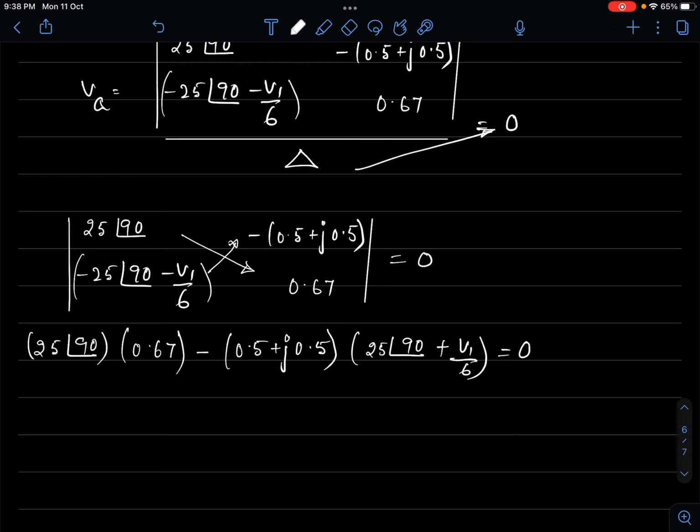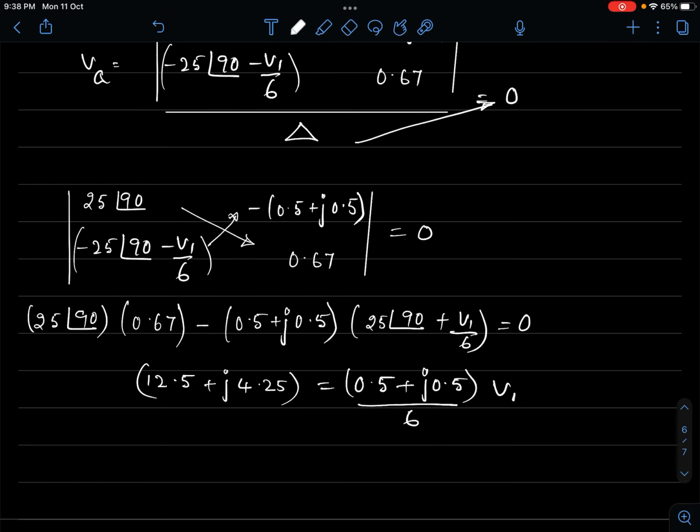If we do the computation, you will get it to be equal to 12.5 plus j 4.25 equal to 0.5 plus j 0.5 divided by 6 into V1. Your calculator will easily give you the simplification.